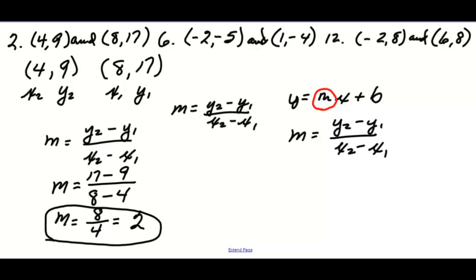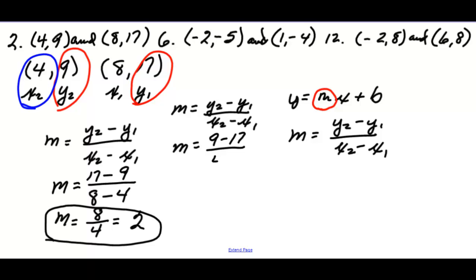In this particular case, the y2 now is right here. And so what we plug in is 9, and the y1 is over here, minus 17 over, and in this particular case, the x2 is here.